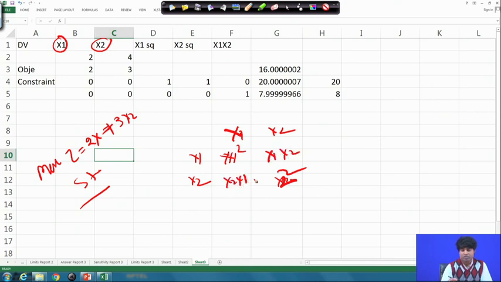In analytics language this is called dot product and cross product, and sometimes in business language we call it interactive effect.